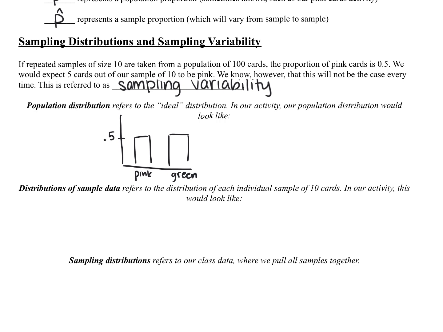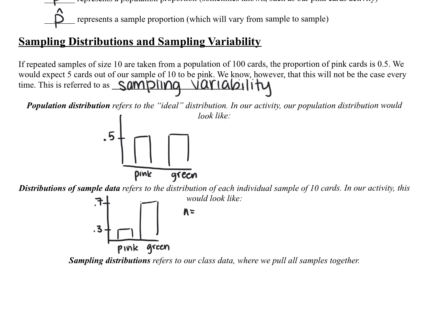Then we have distributions of sample data. That's the distribution of each individual sample of 10 cards. For example, the first one we looked at, we had a sample proportion of 0.3 that were pink, which means the remaining were green, so the remaining 0.7.